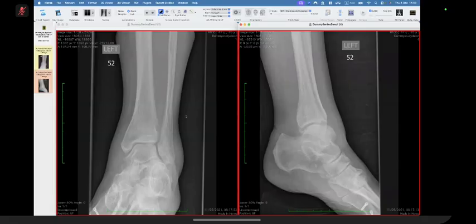I can see this is an ankle radiograph, frontal and lateral view. I can see soft tissue swelling at the area of the medial malleolus.